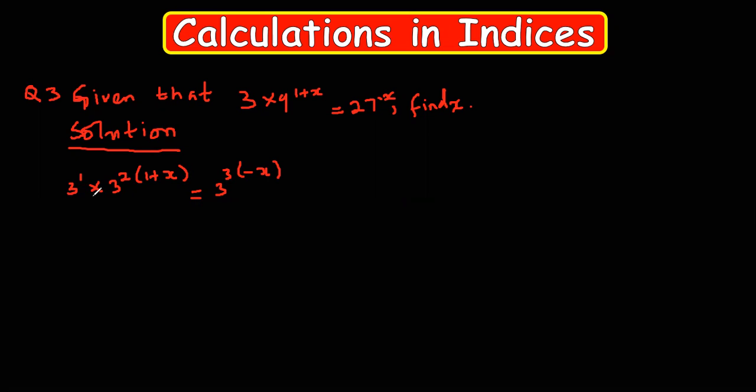So here we have 3 raised to the power of 1 times 3 raised to the power of 2 bracket 1 plus x, close bracket. So we simplify. Let's open the bracket. So we should have 2 plus 2x, equal to 3 raised to the power of 3 minus 3x.